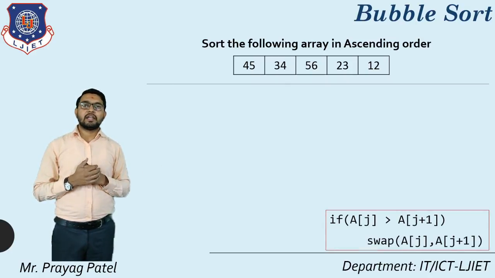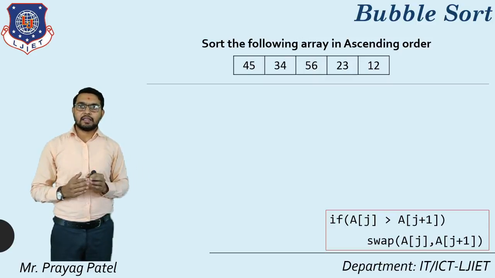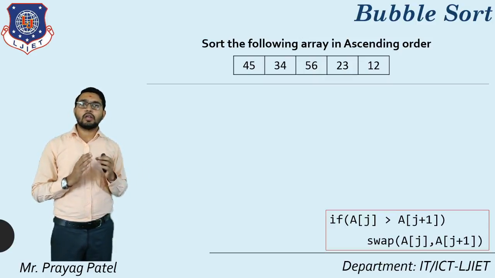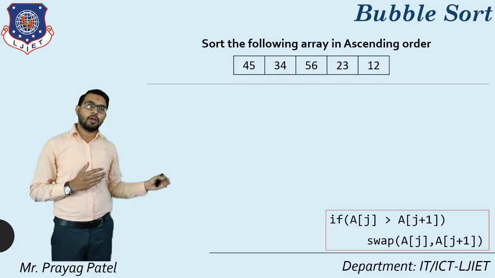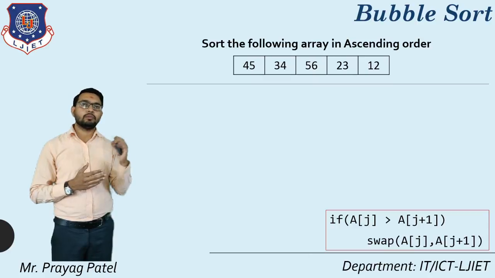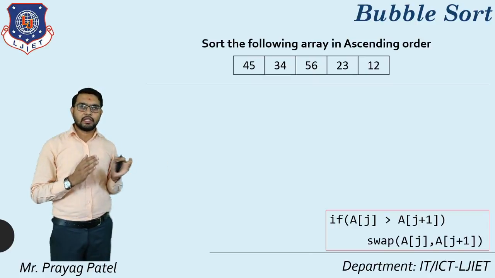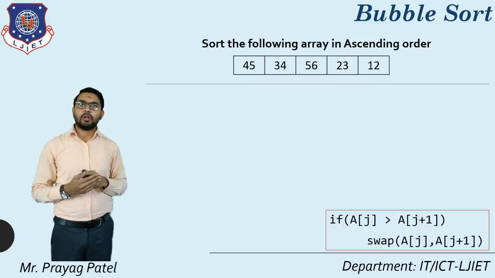Here the condition is: if a of j is greater than a of j plus 1, then swap a of j with a of j plus 1. That means both the elements are not in proper sequence or proper order, then swap these two elements. A of j means the first value, a of j plus 1 means the next value. So compare these two elements and swap accordingly.